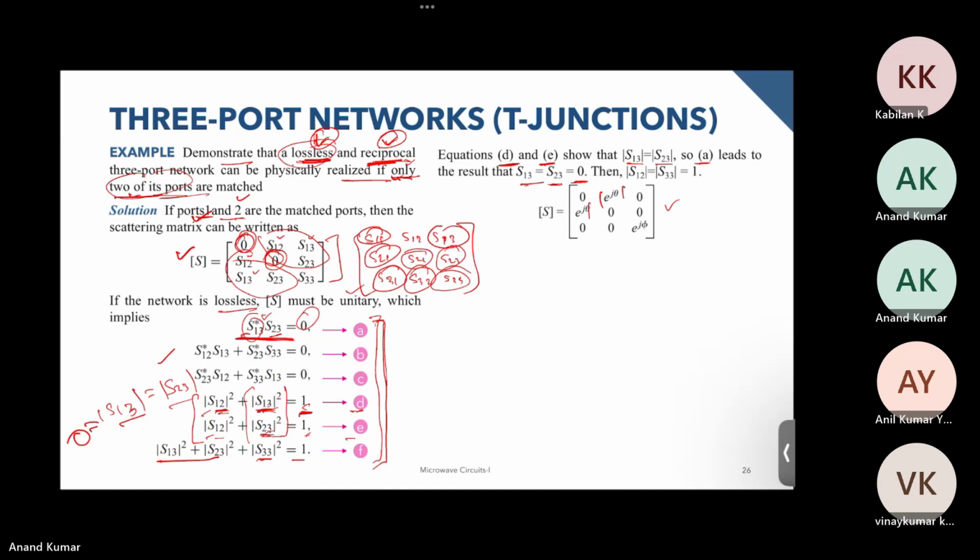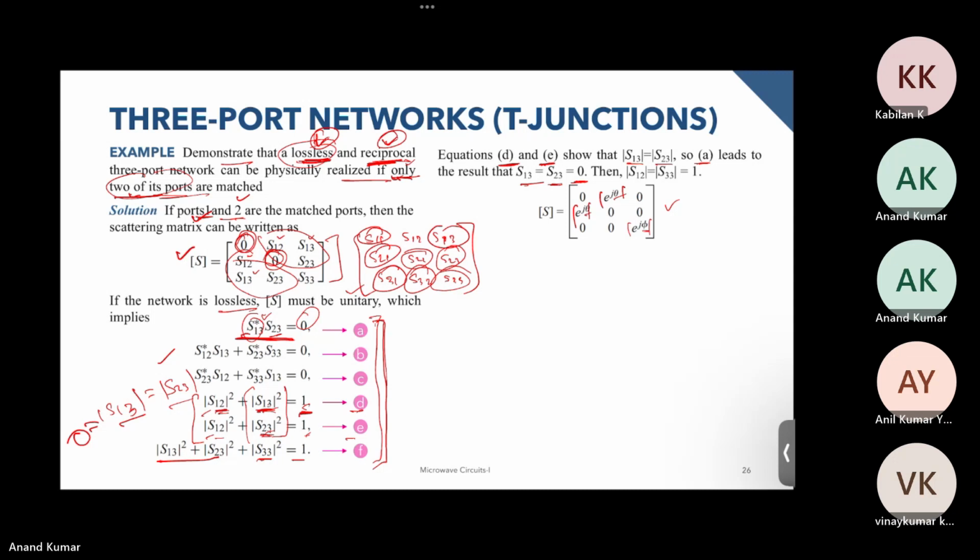If you take the mod of these terms over here, they will come out to be 1. And for symmetry, we can keep the arguments of these two terms as theta, and for the other element as phi.